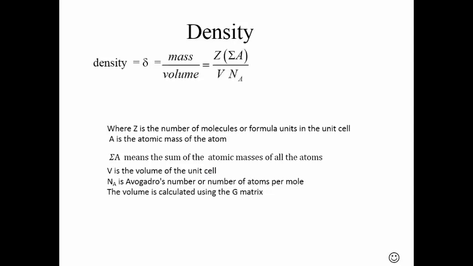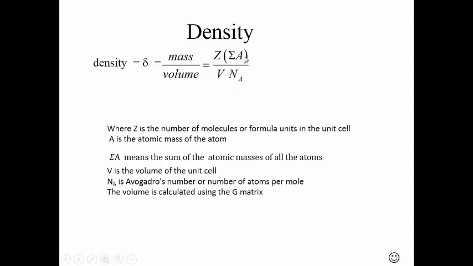So in the numerator is the mass. This can be either at an atomic or a molecular level. You can have a mass that you can hold in your hand divided by the volume of that mass, or you can look at it in terms of the unit cell.